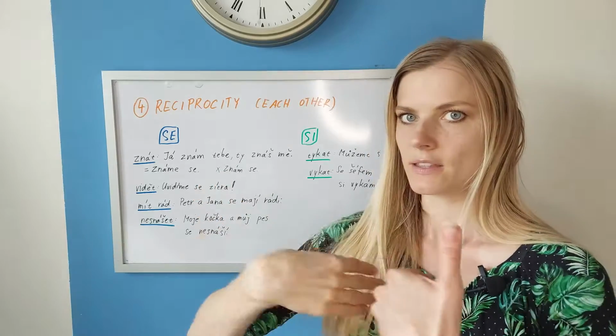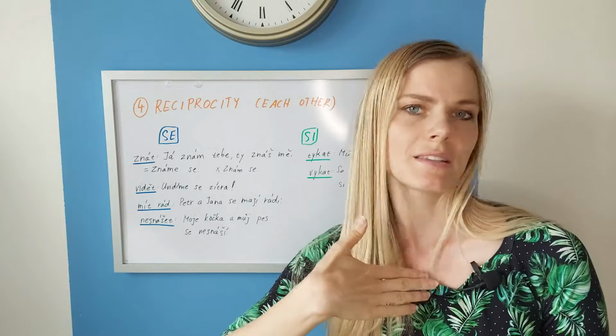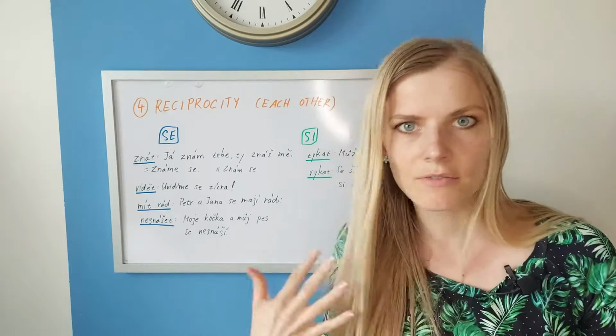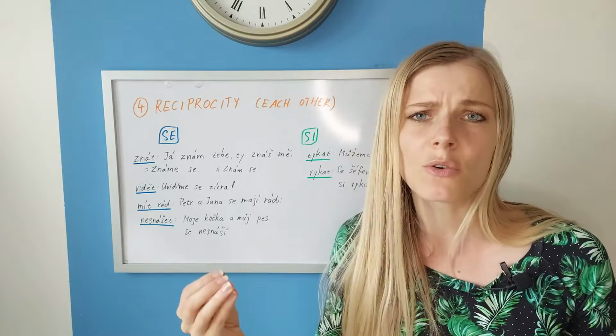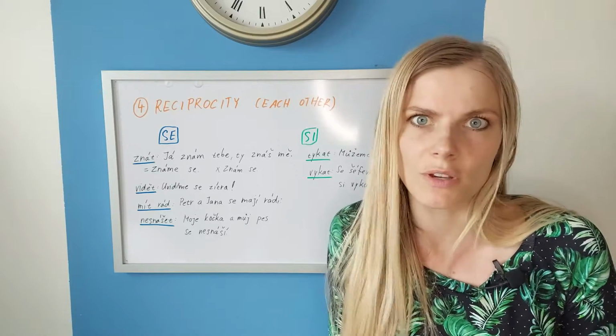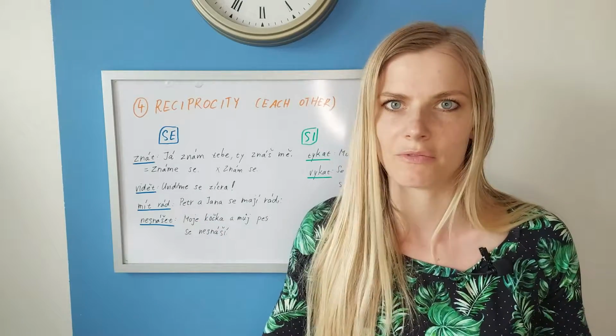I know myself. So se often means to myself or myself, such as myju se. Remember, I wash myself. And if you say myjeme se, it could also be we wash each other. If you don't have the context, you don't know exactly whether we wash one another or there are more people who wash themselves.